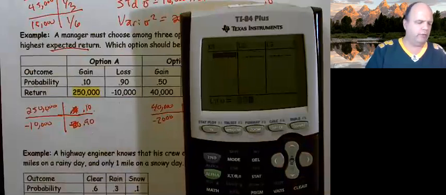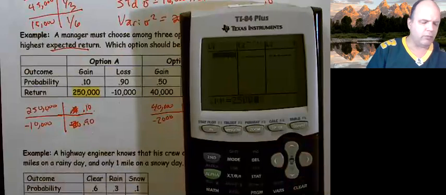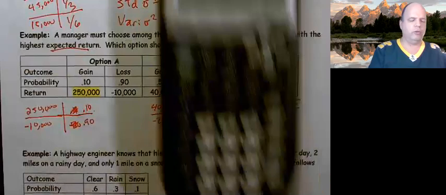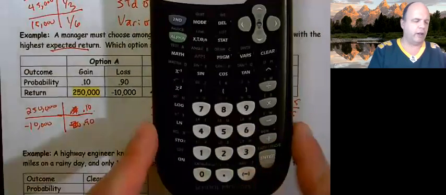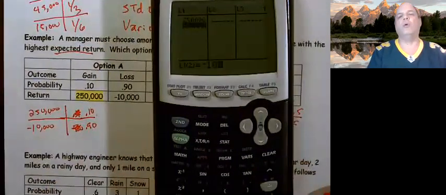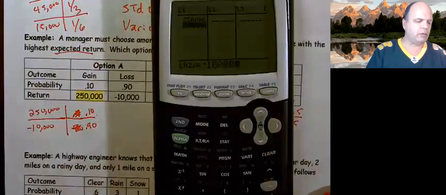So 250, 1, 2, 3, and oops, stat edit, 250. And make sure you use the negative sign, not the minus, use the negative sign. Negative 10,000, 1, 2, 3. Enter.